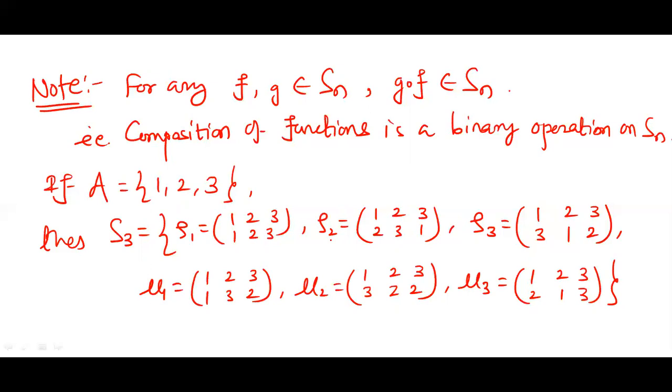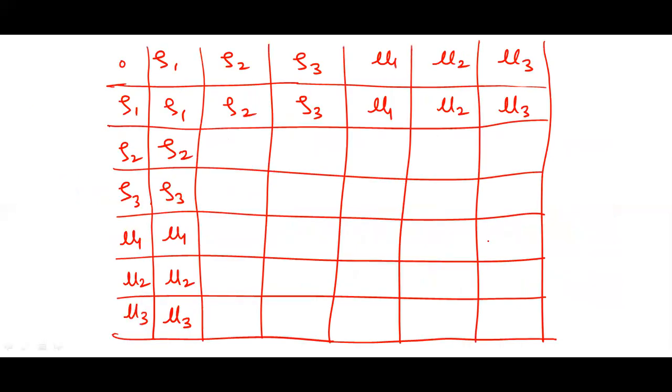And 3 maps to 2. So rho 2 composition rho 2 is nothing but rho 3. You can check that rho 2 composition rho 3 is rho 1.